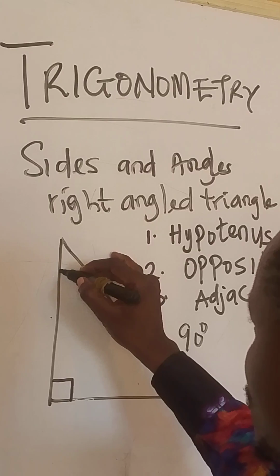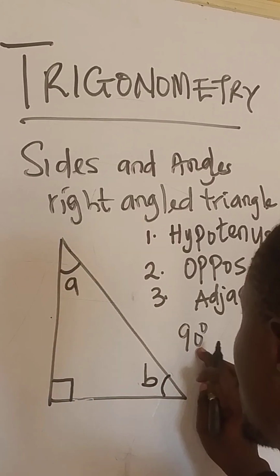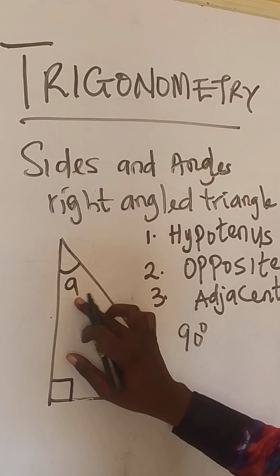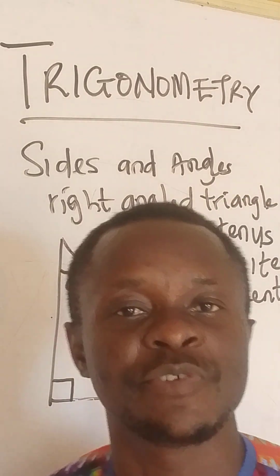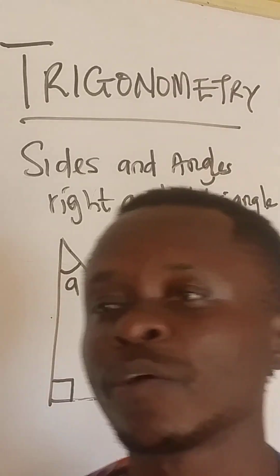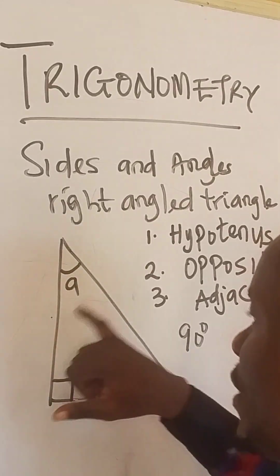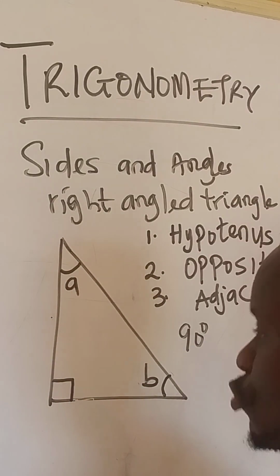The sum of these two angles here must give us 90 degrees. So A is an acute angle and B is also an acute angle. What are acute angles? Acute angles are angles which are less than 90 degrees. So A plus B must give us 90 degrees.